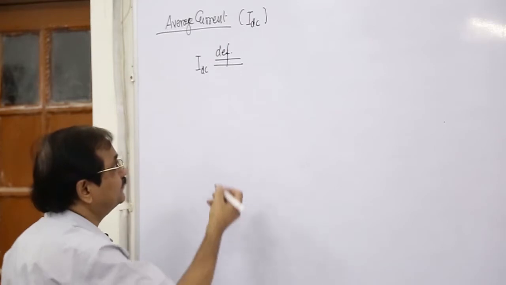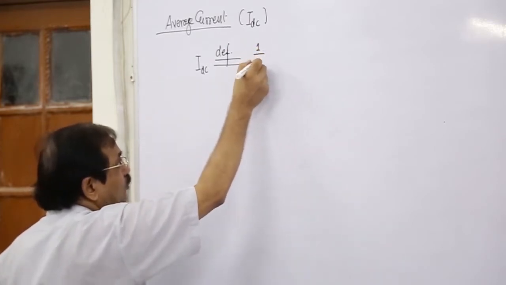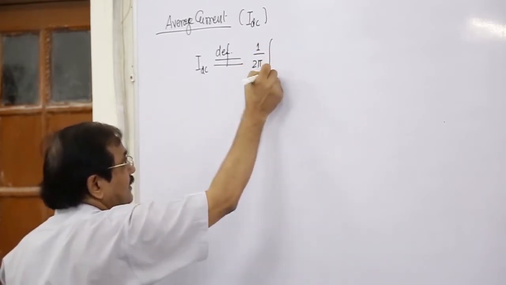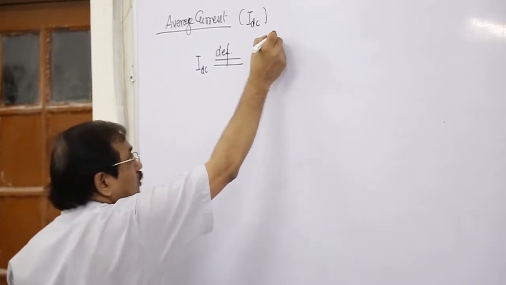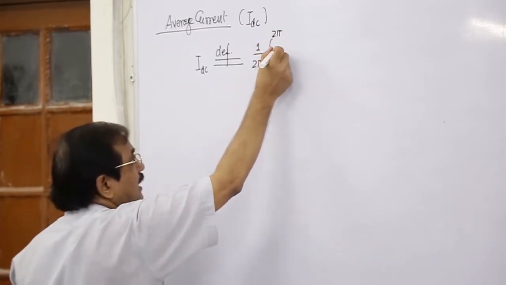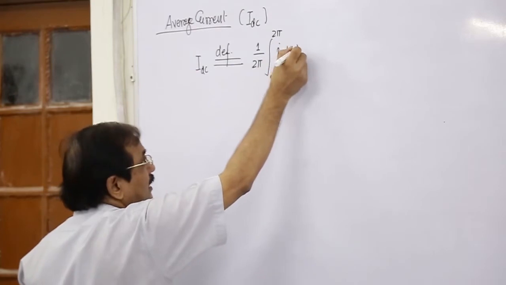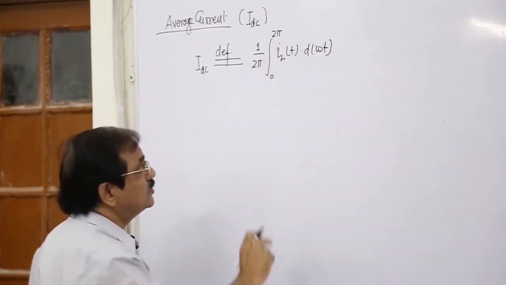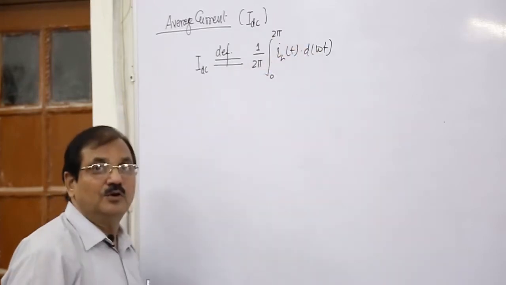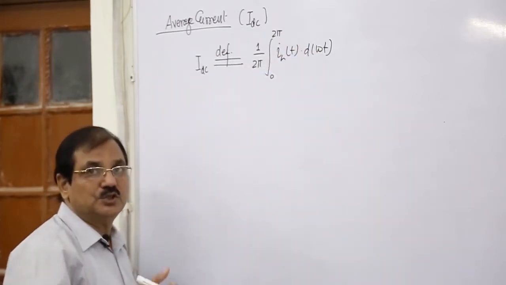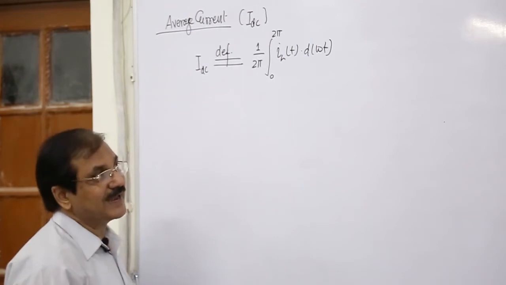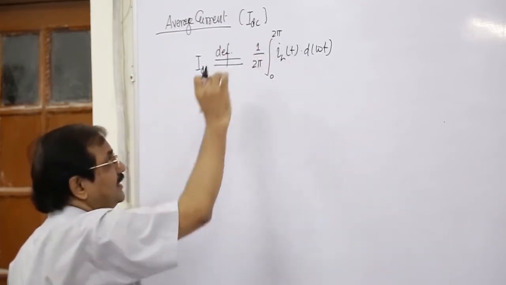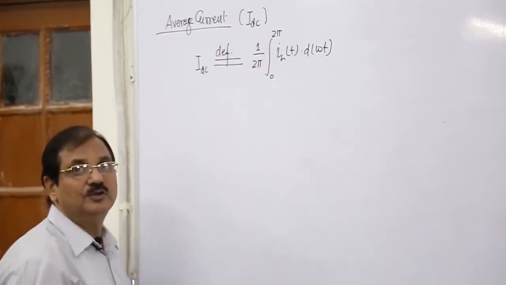defined as 1 upon 2 pi, for one cycle 0 to 2 pi, IL(t) d omega t. So, we sum this load current over 0 to 2 pi, that is one cycle, and average it by dividing by 2 pi.